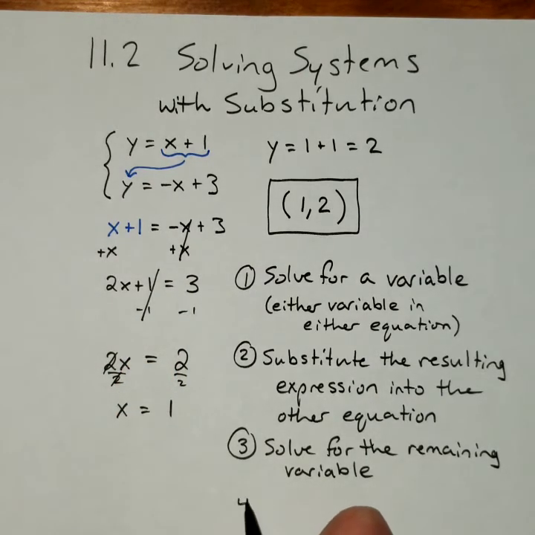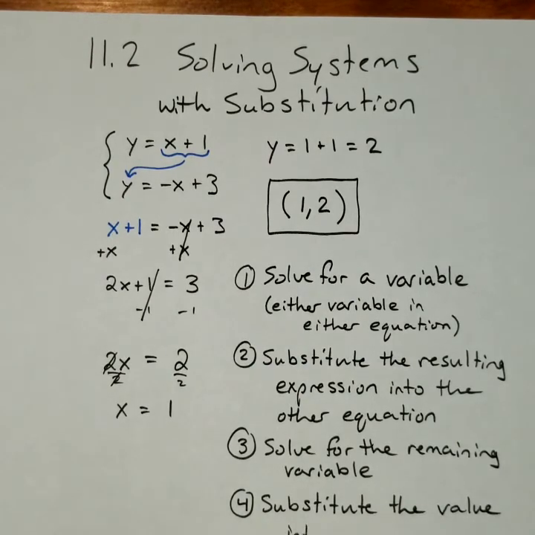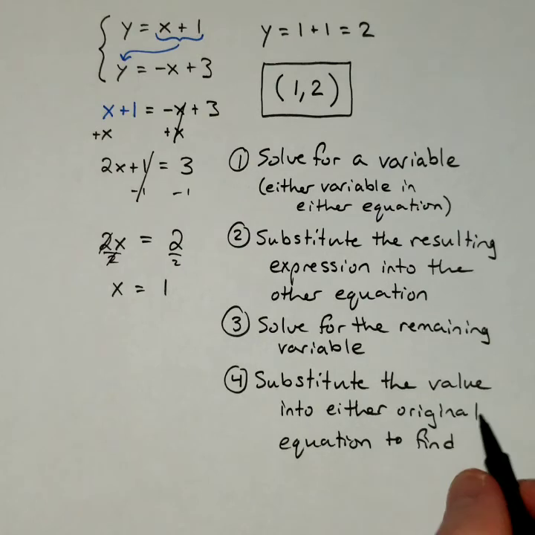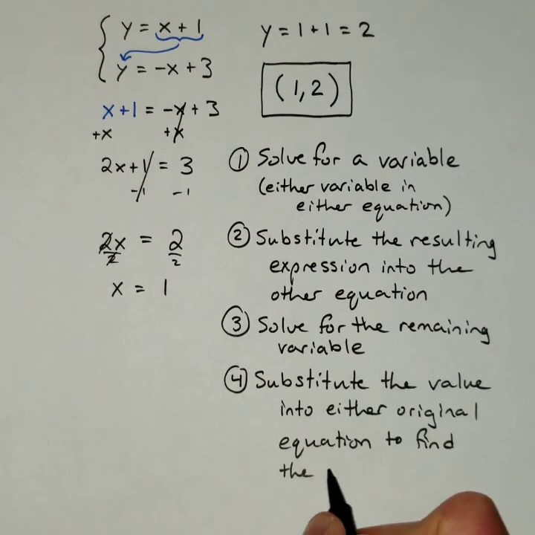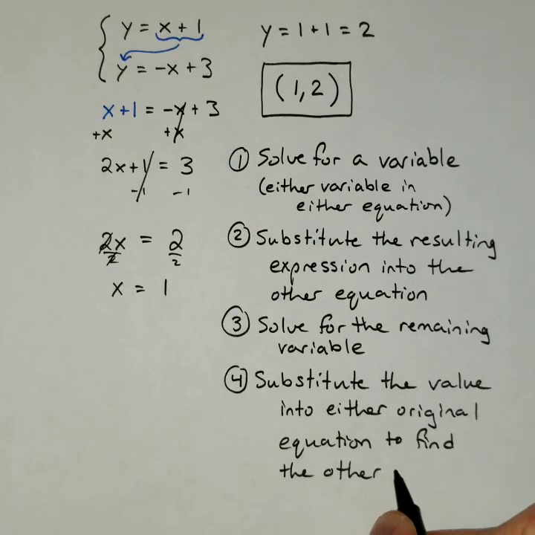Step 4 would be to substitute the value into either original equation to find the other variable.